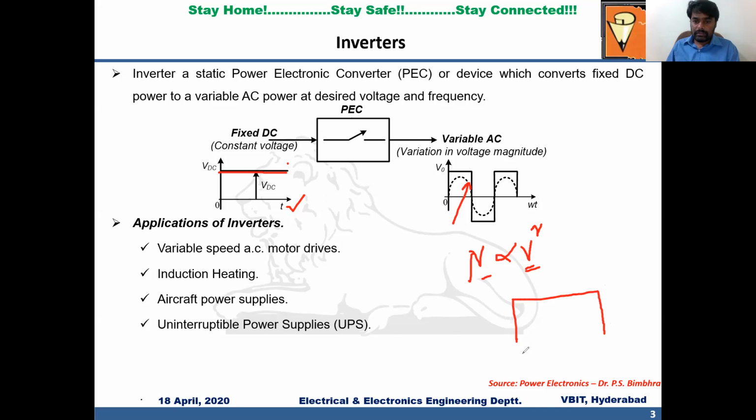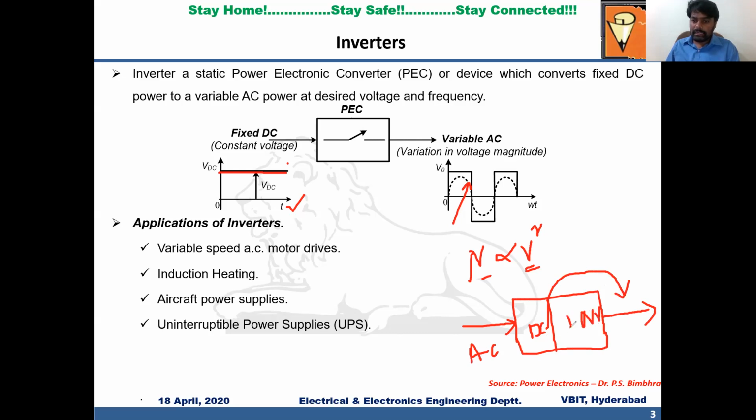this is UPS. Now whenever the power supply is there, it will convert AC into DC, and DC can be stored here. Then when the power is off, if you don't have the electrical supply, then the DC can be converted into AC with the help of the inverter here.